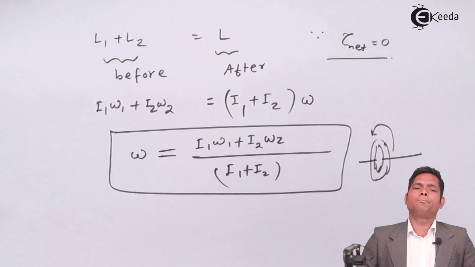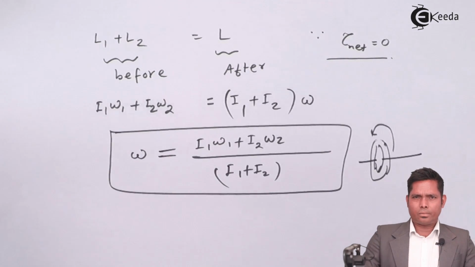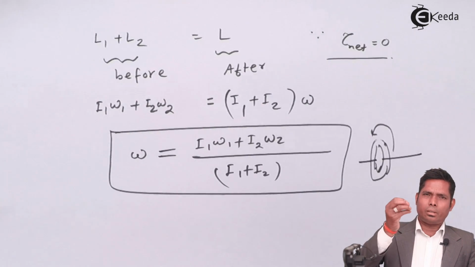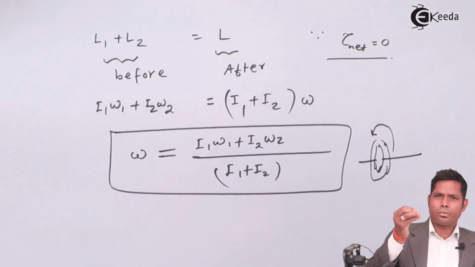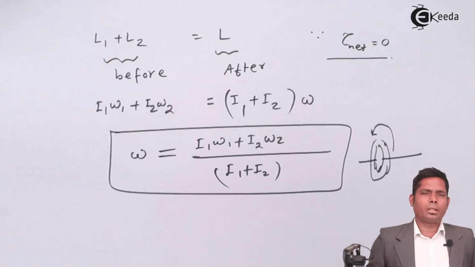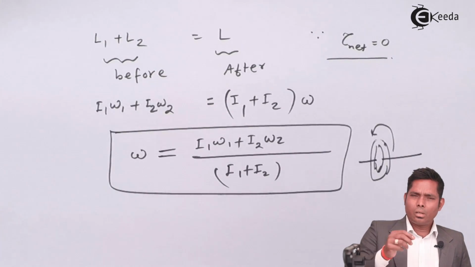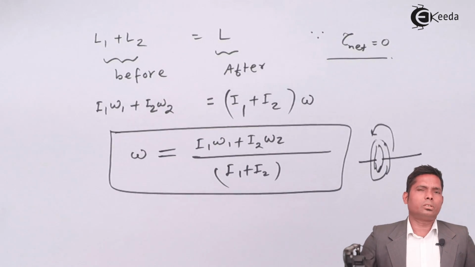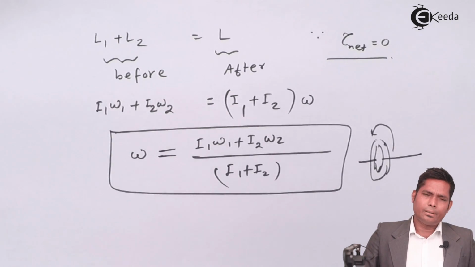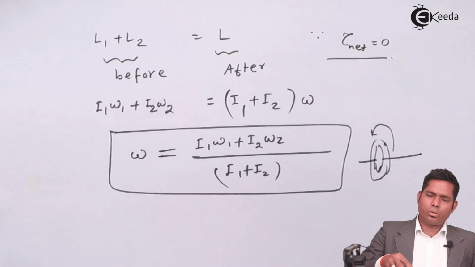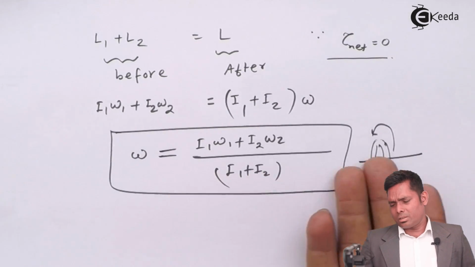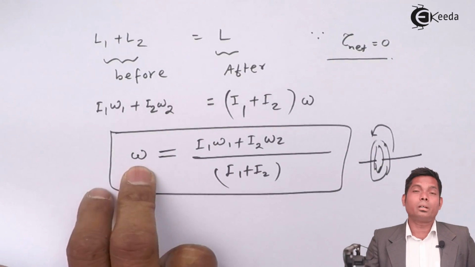For example, a disk is rotating, and another piece of object is dropped, like wax is dropped, and falls down and sticks to some place of this disk. Now the system consisting of the disk and the wax will rotate together. So this is the situation where there is a common omega.